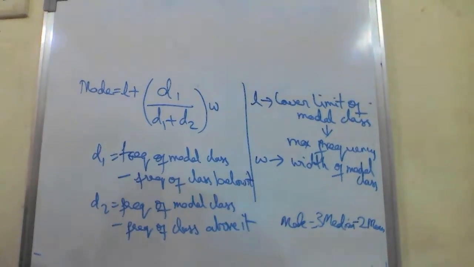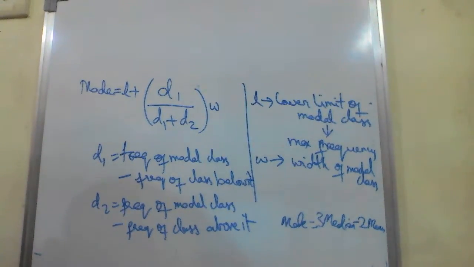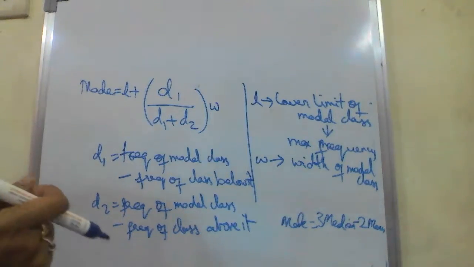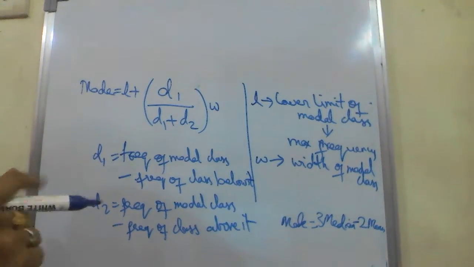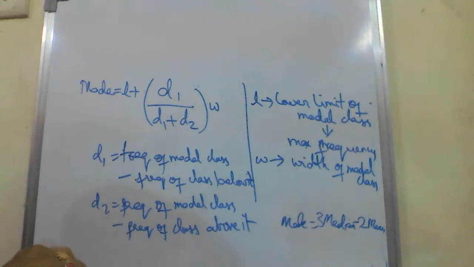Like in median, how do we find a median class? Here we have to find a modal class. When a frequency distribution table is given, the modal class will be the class with the maximum frequency, that is the highest frequency. Whatever frequency values are given, identify the highest frequency among all the frequency values.